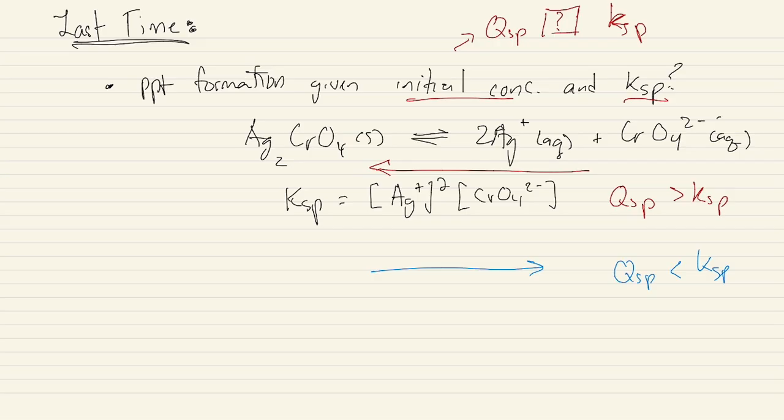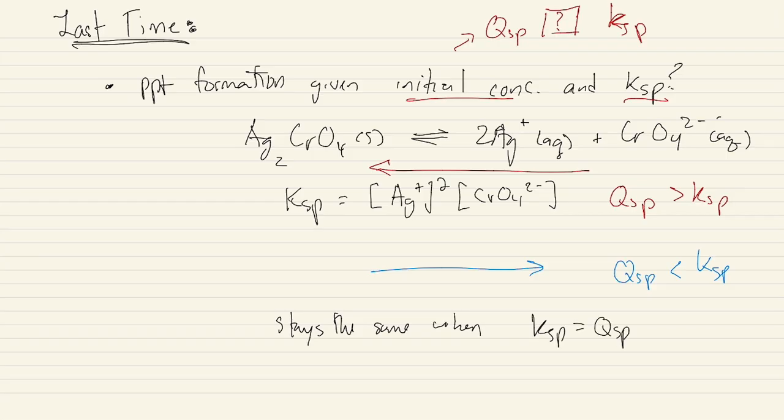What's the threshold value? What concentrations are when you switch from unsaturated to oversaturated solution? It's at equilibrium, right? And so it stays the same when KSP equals QSP.